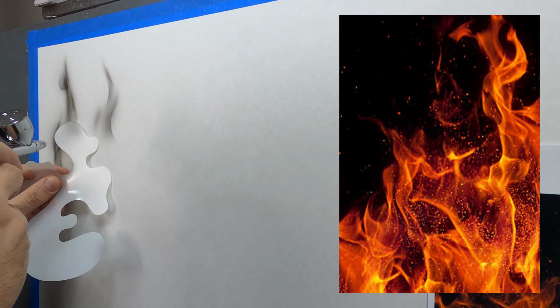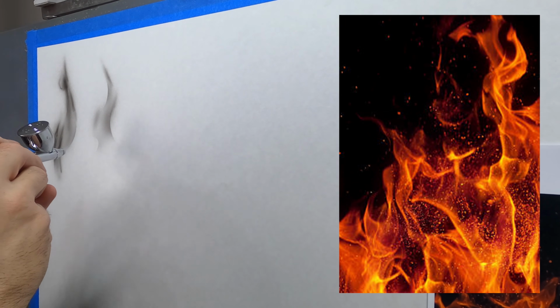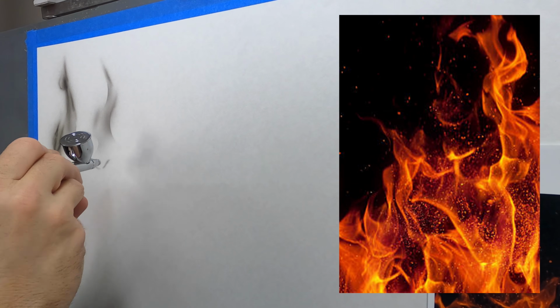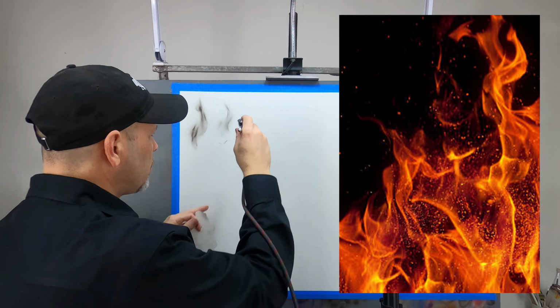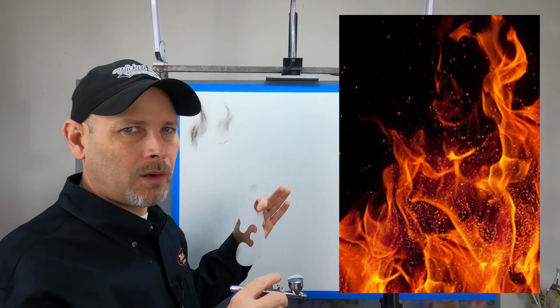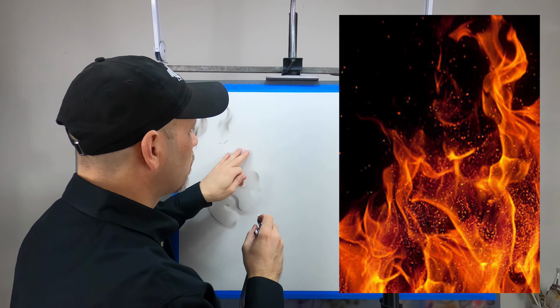For the next section, I might add a little bit of a kick out there, some freehand, and a lot of times I like to just go in and freehand, just throw a couple lines in there, and that's kind of how I tend to build my fire. And then I can work around that.